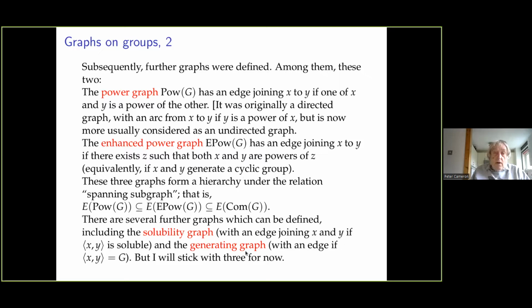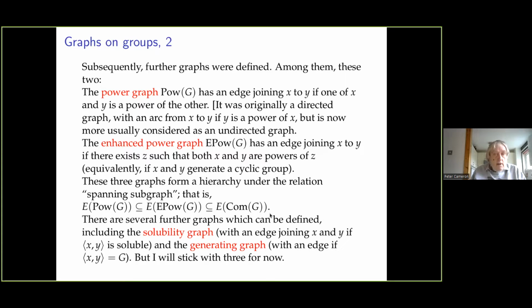The generating graph, which I'm not going to be talking about, you put an edge if x and y generate the group G. So there are a number of graphs like this, and I'm more interested in the relationships between these graphs than in the individual graphs themselves, though I will say something about the individual graphs.